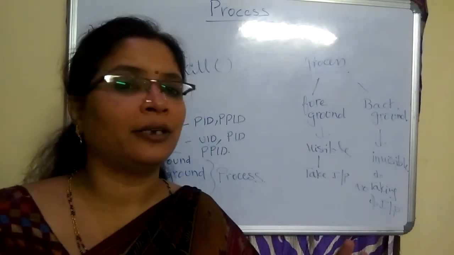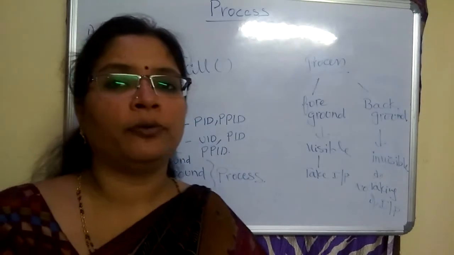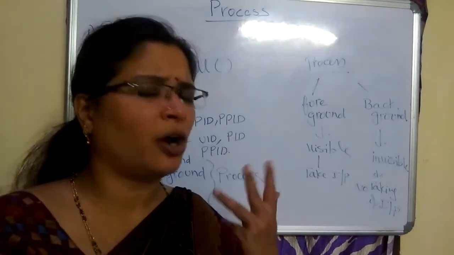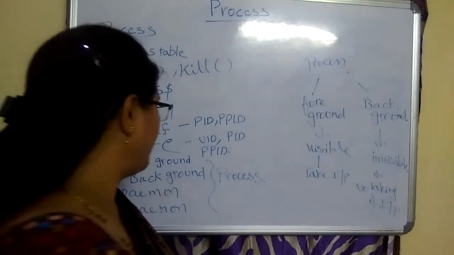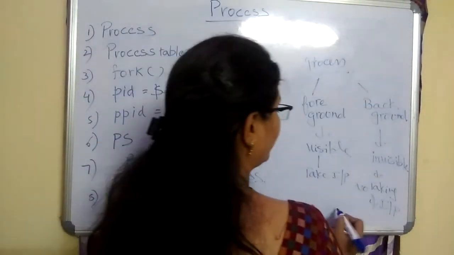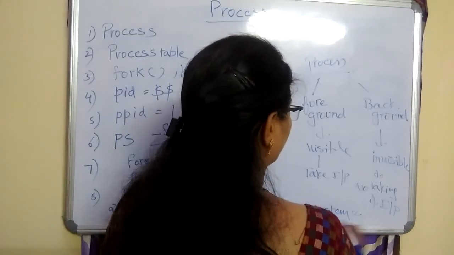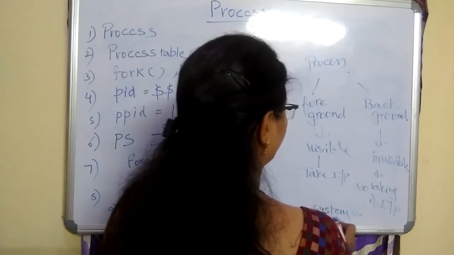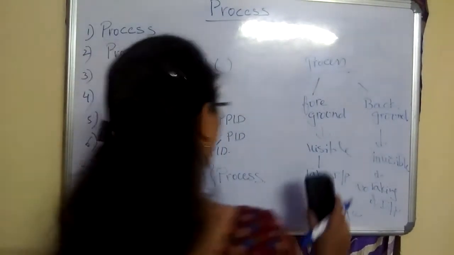You can't see it, it is invisible, and there is no input taken from the user because it's not visible to you. These are called background processes. The best example for these background processes are system processes. So these are the two different kinds of processes.